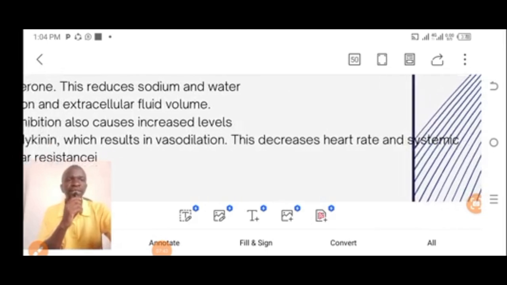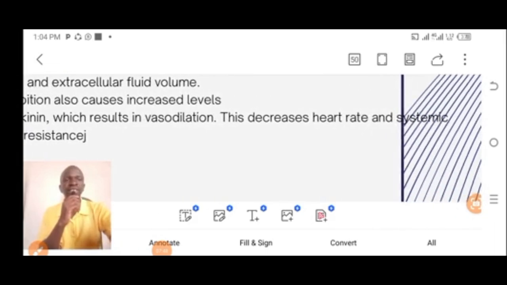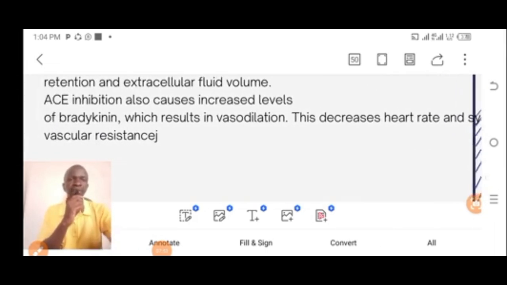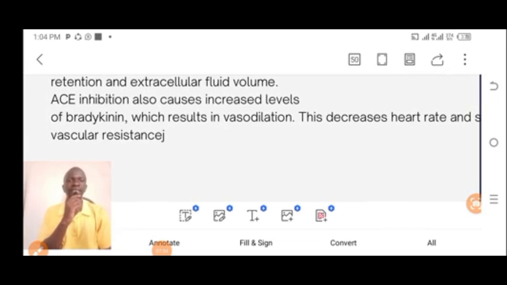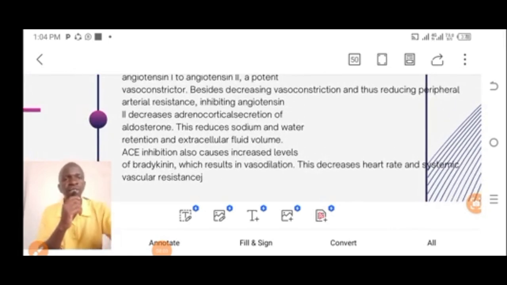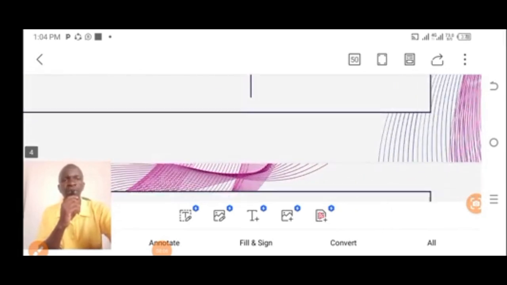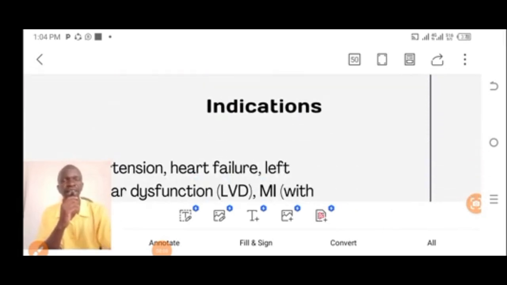This decreases heart rate and systemic vascular resistance. Because of the vasodilation, the peripheral vascular resistance is reduced. So that was all on the mechanism of action, or what we call the pharmacological action of a drug.